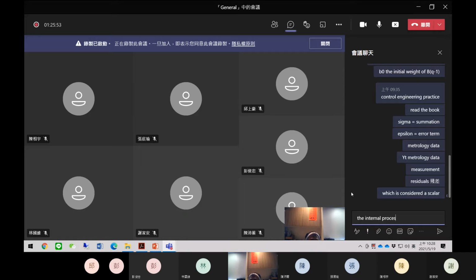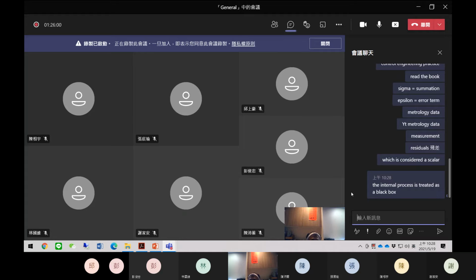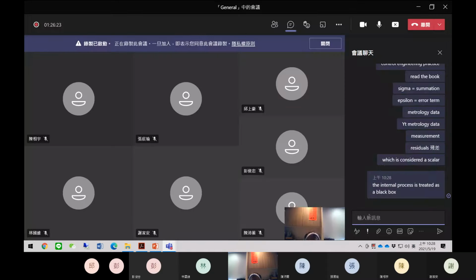The internal process is treated as a black box. So the model characterizes the input-output relationships. And the internal model, on the contrary, describes all the internal coupling among the system variables.